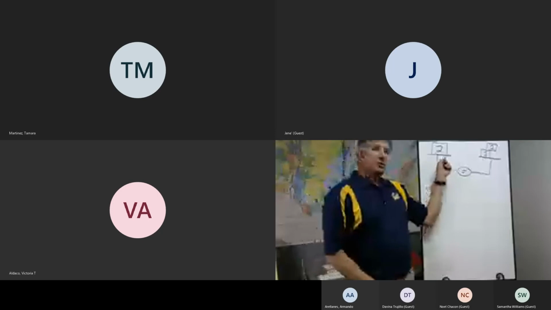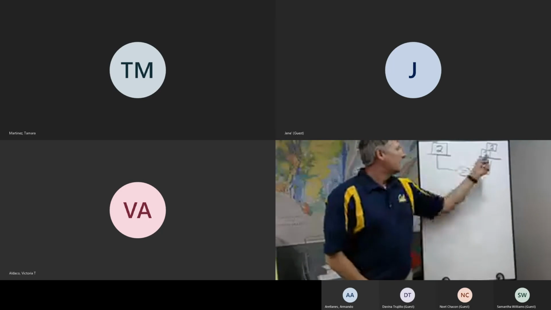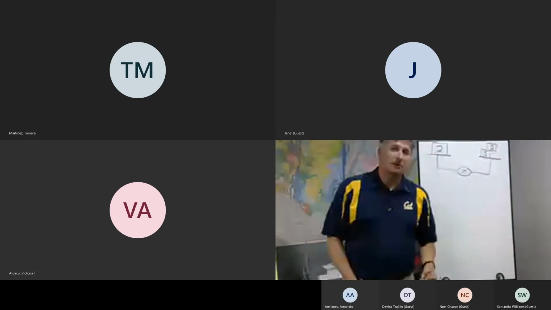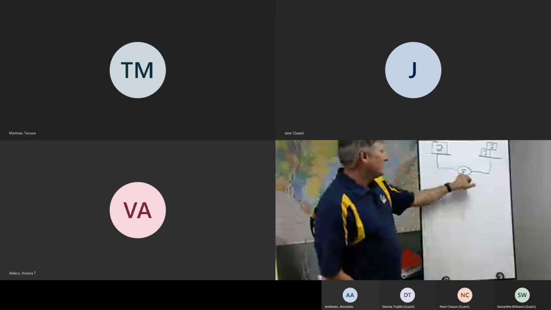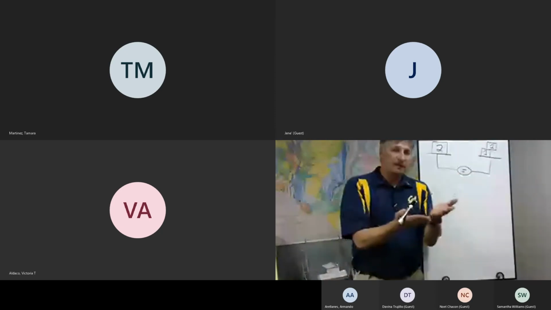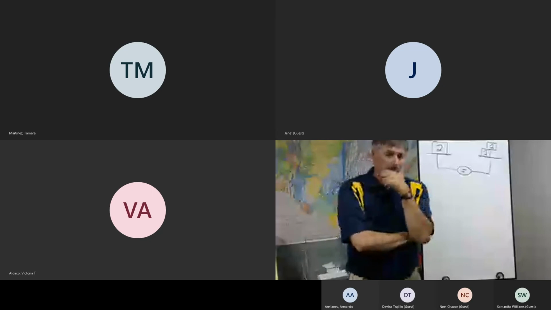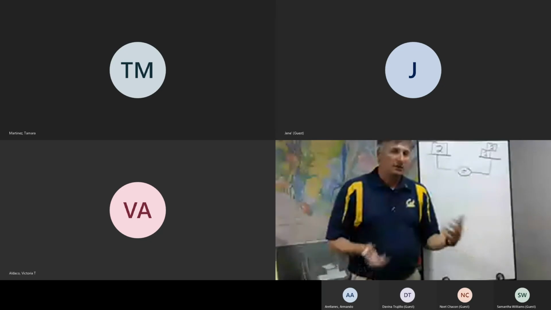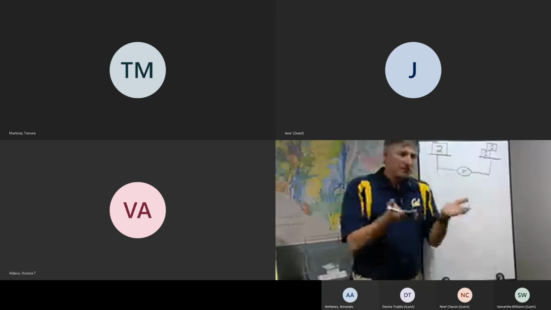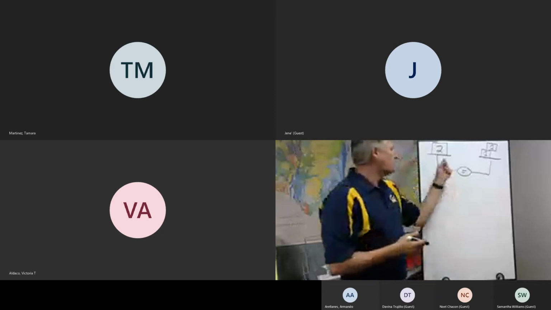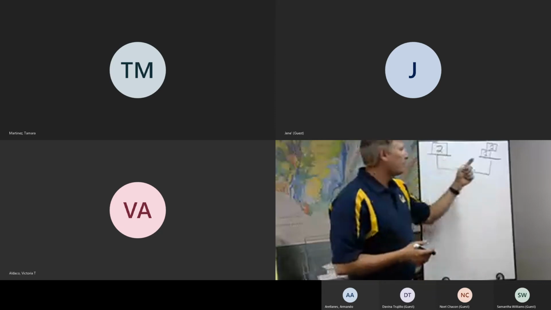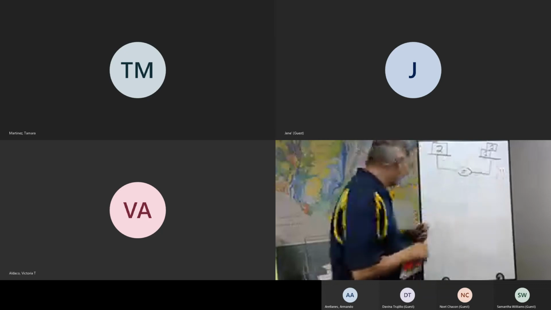So let's say I have 2 pounds on this side. I have 1 pound and 1 pound on the other side. They're equal when they're perfectly balanced. Now, what we could do is we can add and subtract weights to these sides. But to keep things balanced, what we do to one side, we have to do to the other.